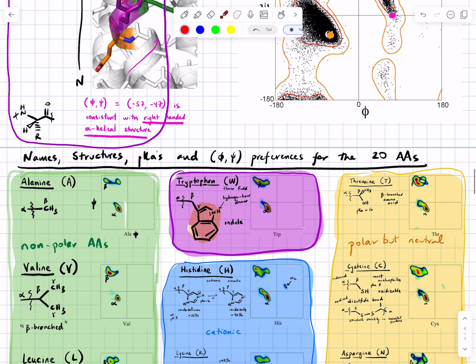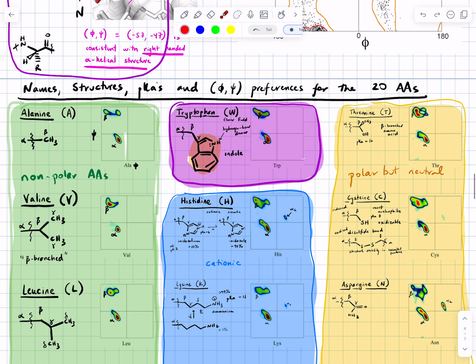So let me give you an example of this. What we're going to do next is talk about the structures of the amino acids. You should get started now on memorizing the structures and names and one-letter codes for the 20 amino acids.